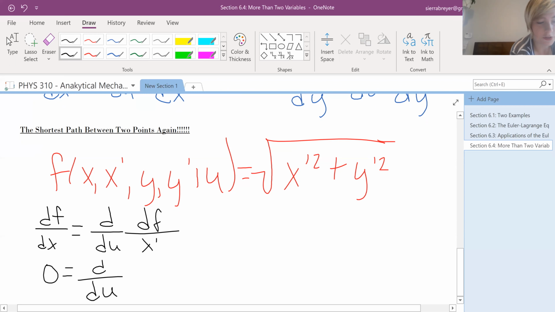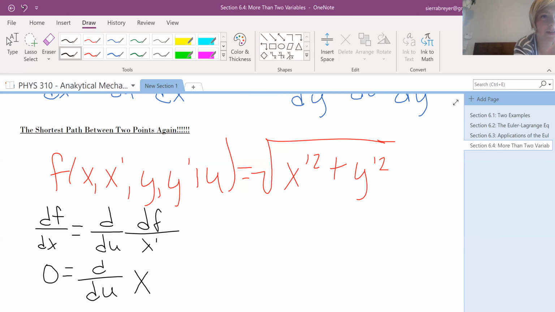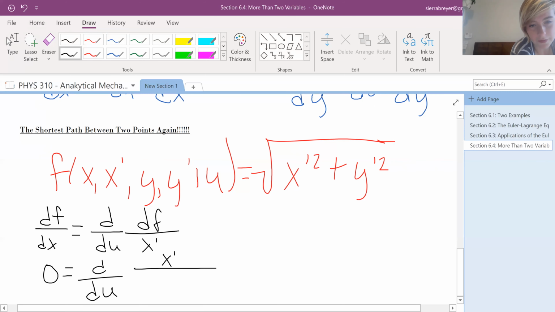This is just going to be x prime. Nope, it's not. I have to, it's underneath the radical. I'm just being silly. Okay. The x prime over the square root of x prime squared plus y prime squared.